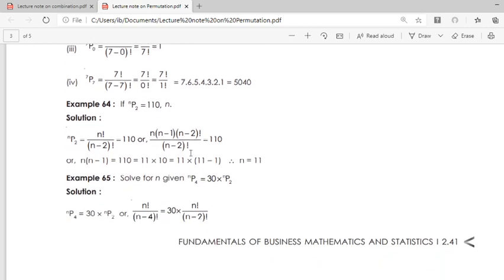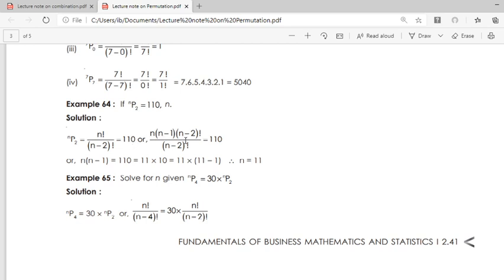Now look at this. If n permutation 2 is equal to 110, then find n. This is just a simple problem. What you do is expand n permutation 2. You have n factorial over n minus 2 factorial, which is equal to 110.